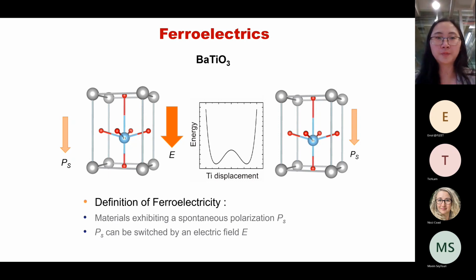Okay, so basically in the ferroelectrics, this perovskite structure can give different spontaneous polarization directions.